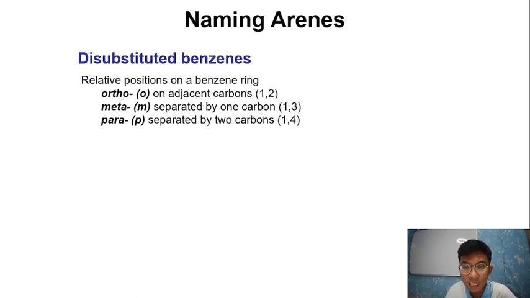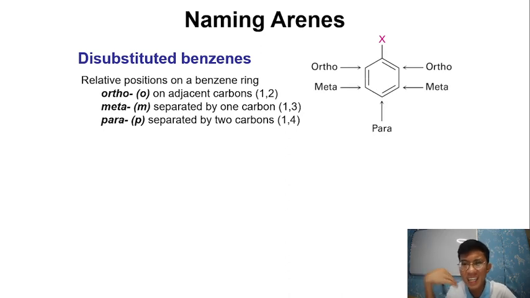So, ganun, arrangement. If the substituent occurs twice, kunwari, yung ating substituent, that's called ortho.